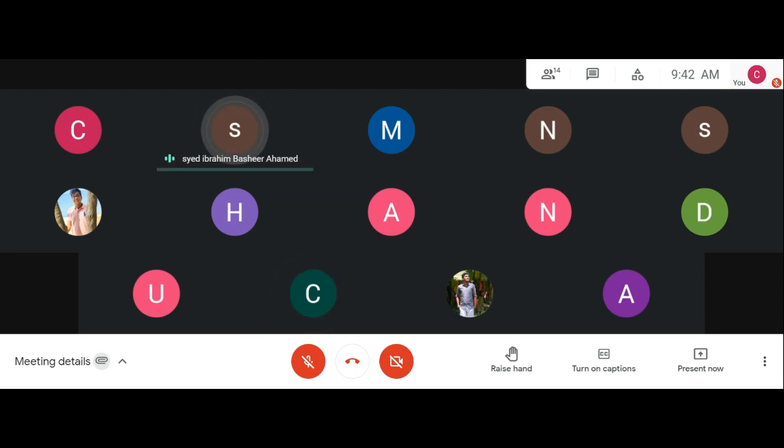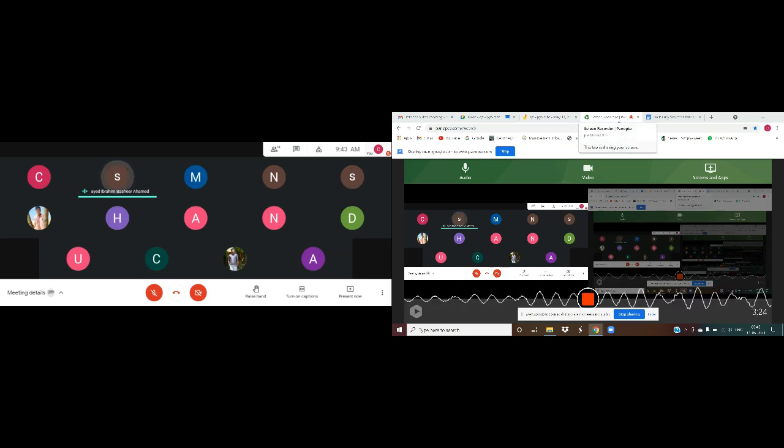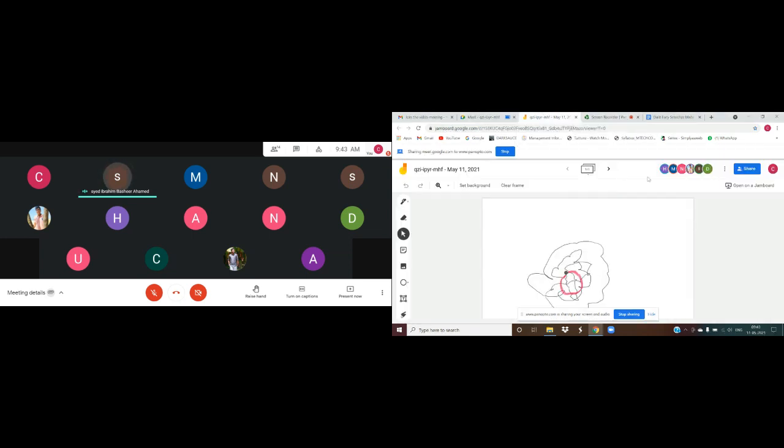So assume that this is a protein. Okay. So if you see here, this region is inside, right? From the center, I keep on going out.